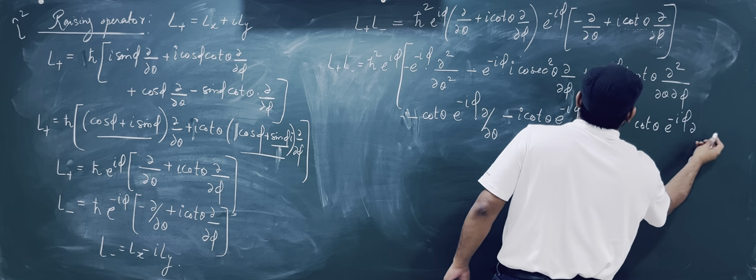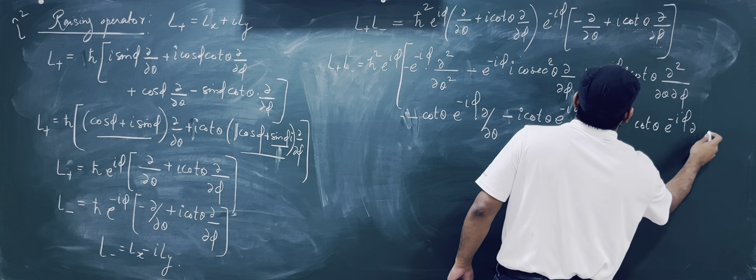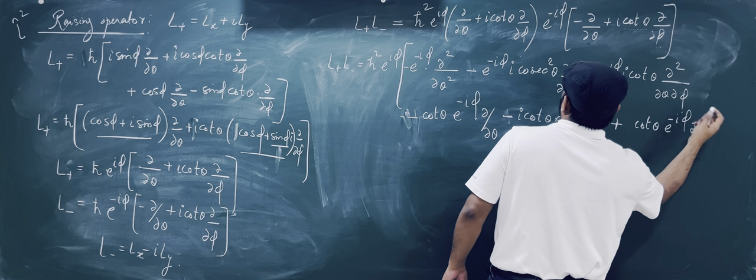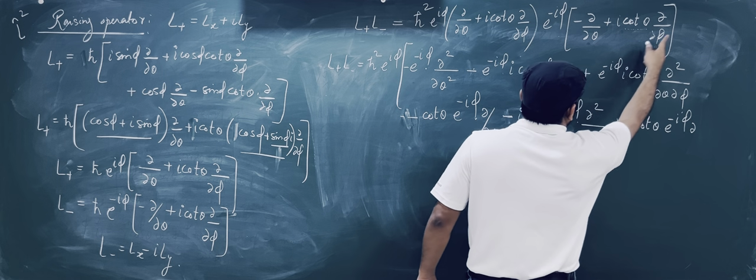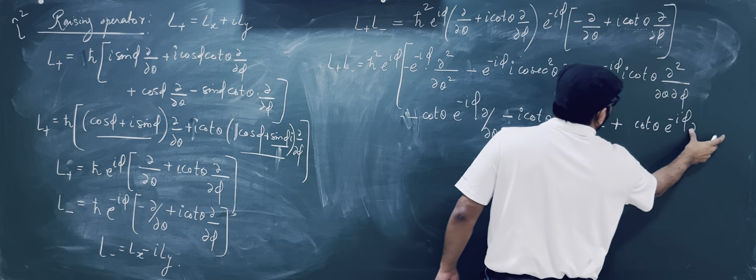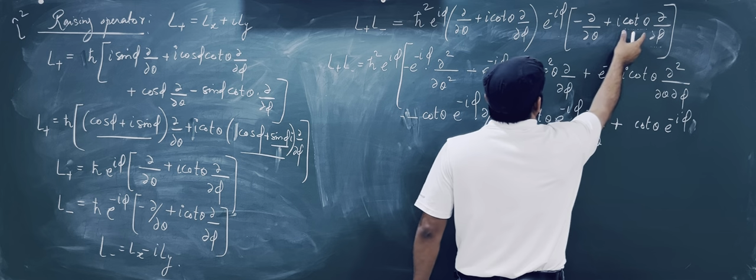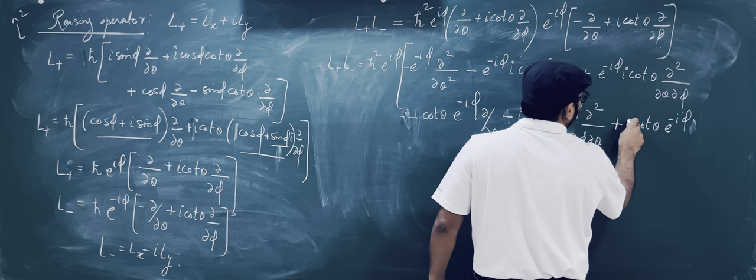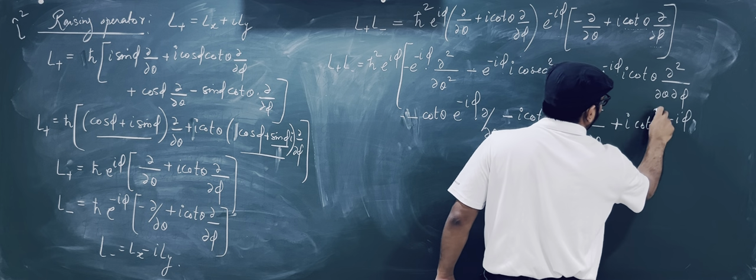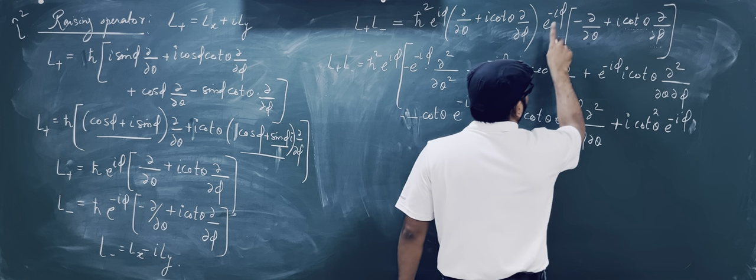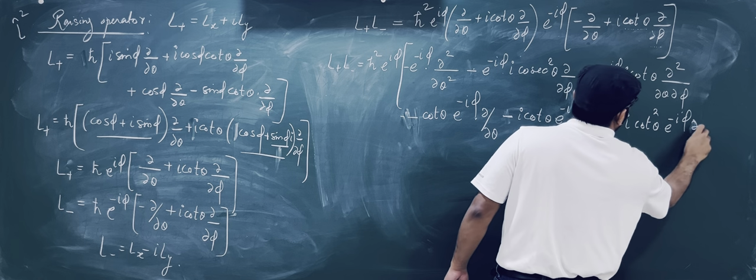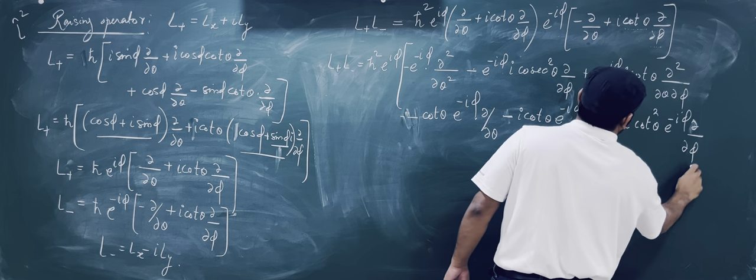So we can take the I cot theta outside, all right? So I cot theta can be taken outside, so there will be I, then there is a cot square theta, and there is del over del phi, correct?